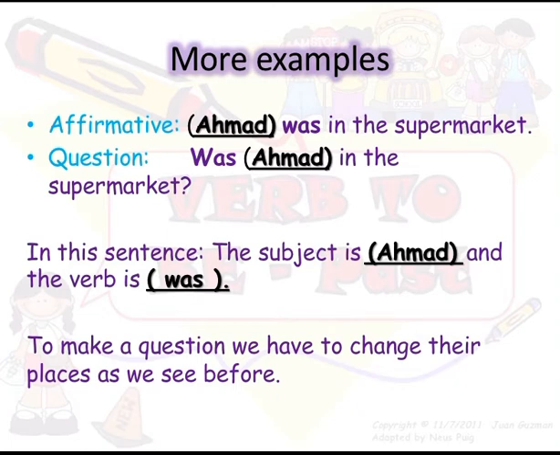More examples. Ahmad was in the supermarket. The question, was Ahmad in the supermarket? In this sentence, the subject is Ahmad and the verb is was. So to make a question, we have to change their places as we saw before.